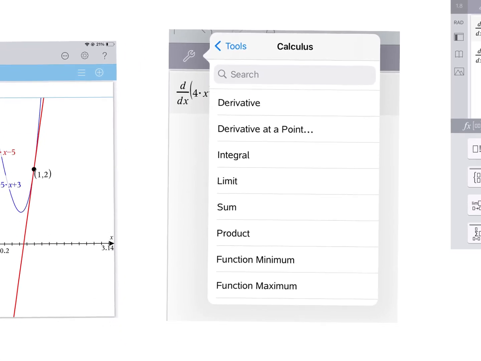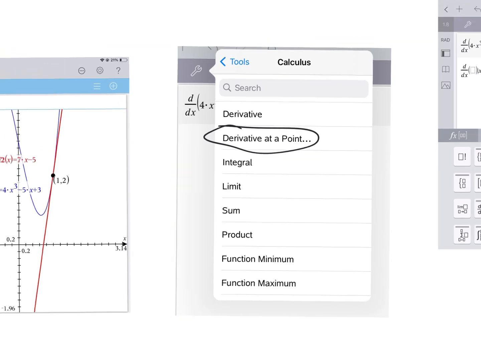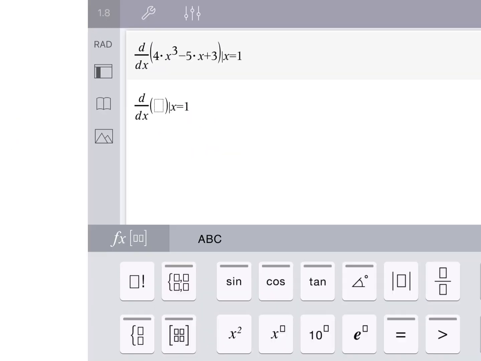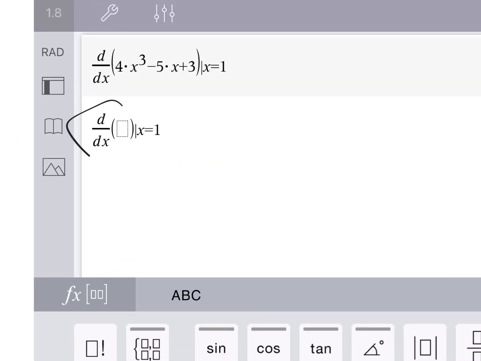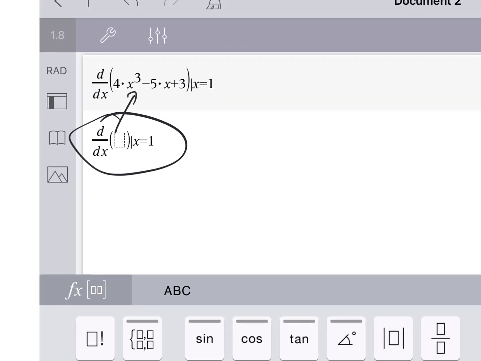Then, if we want to check the derivative, we can go to our menu and calculus. So hit menu, calculus. And we want to find a derivative at a point. Not just a derivative, but we're doing derivative at a point. And when you select that, it'll give you this thing here. And then you can fill in our expression there, our function.